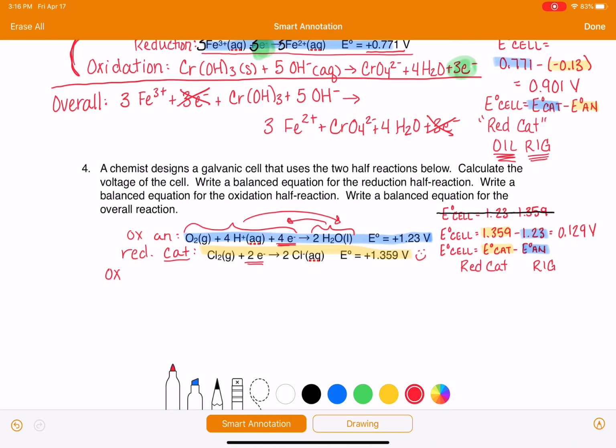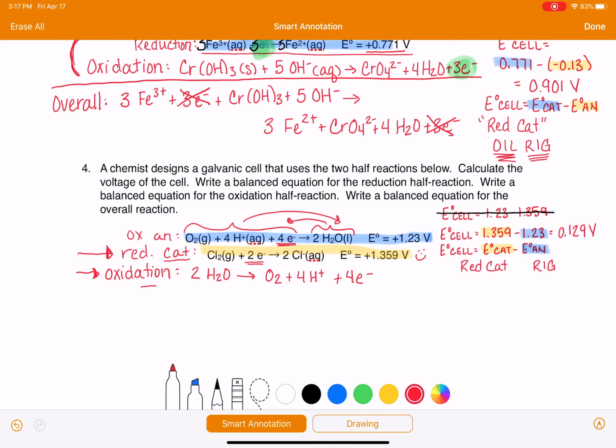So our oxidation half reaction is actually 2 H2O makes O2 plus 4 H plus plus 4 electrons. And again, I'm leaving out states just to save space. So here's the half reaction for oxidation, and here's the half reaction for reduction. It was already good when it was given to us, so we didn't have to rewrite it.